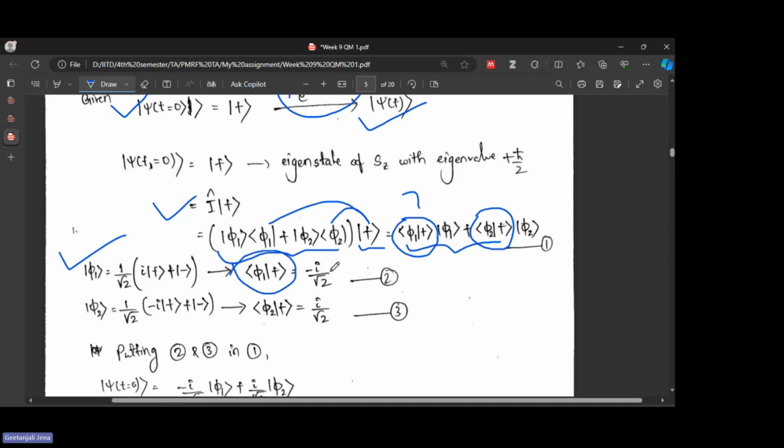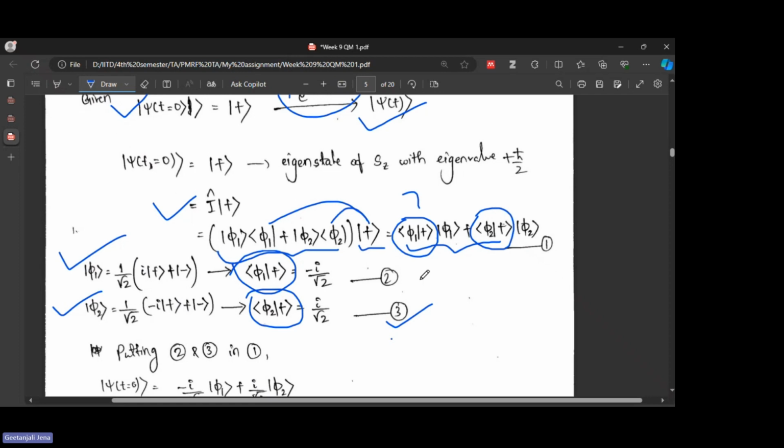This will give minus i by root 2. Similarly, phi 2 you already know, which is 1 by root 2 times (minus i times the plus state plus the minus state). Taking the inner product of phi 2 with the plus state, you get i by root 2, which is equation 3.